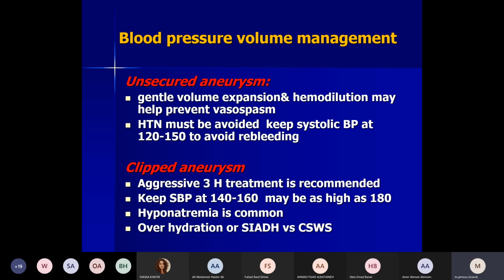However, after we clip the aneurysm, after we secure the aneurysm, we start to elevate the blood pressure to prevent the vasospasm. So we give the 3H protocol, which is hypertension, hemodilution, and hypervolemia, to prevent the vasospasm. And we keep the blood pressure on the hypertensive side.